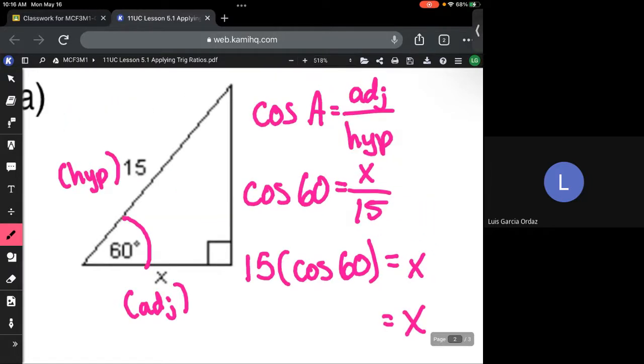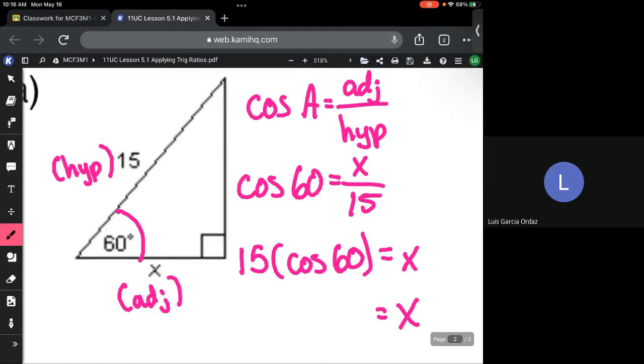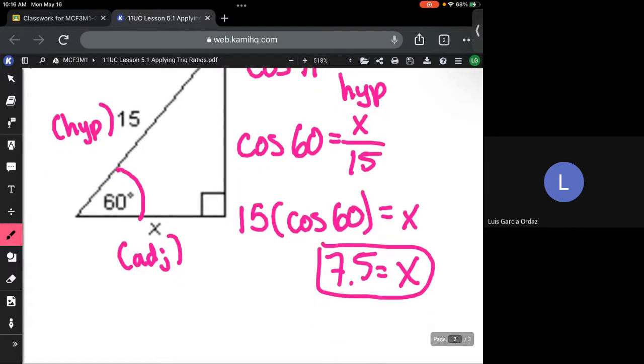Now all you do is plug that into your calculator, and you have to round it to the first decimal place. 7.5? So therefore, side x is 7.5 whatever units. So we'll say centimeters.